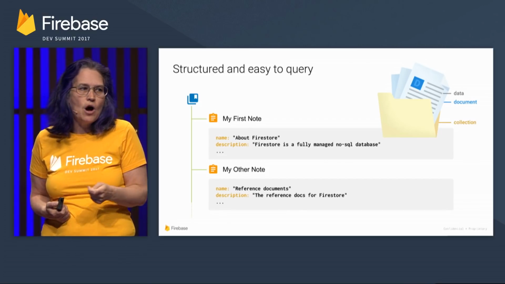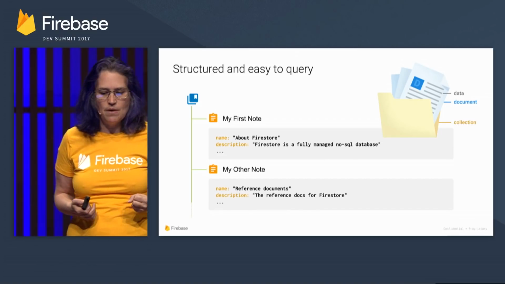So we've taken some common patterns and we've built that into the data model. And what we've seen so far is that new developers who are coming new to Firestore are finding it more intuitive to just get started, and it's accelerating the learning curve, which is great.